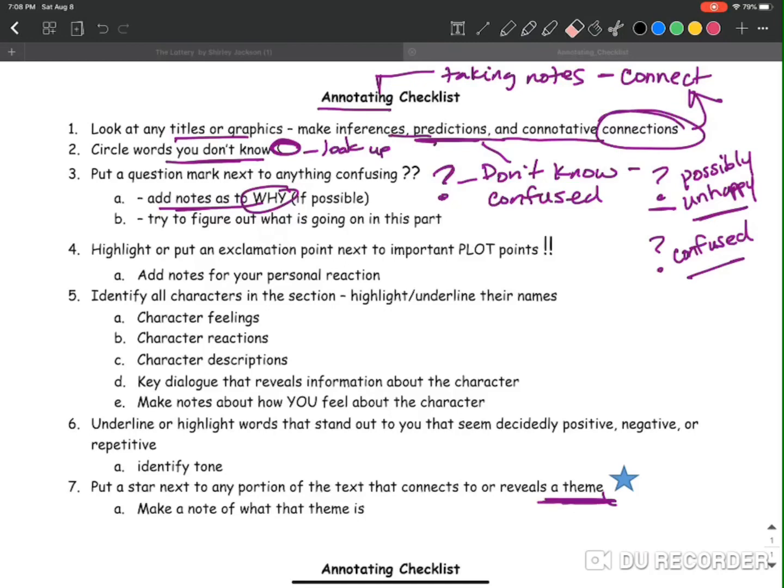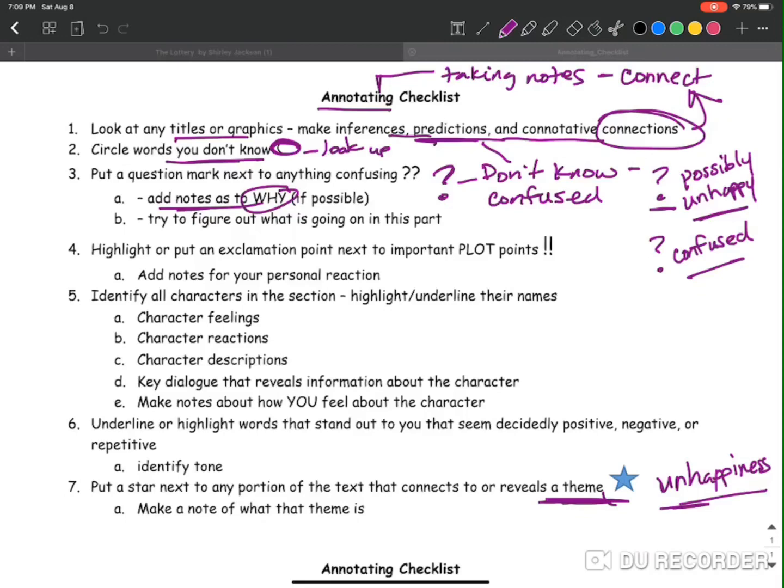Or let's say that you come across a consistent theme throughout the novel of tradition, right? I shouldn't have put that. That's cheating. Let's say of unhappiness. And you notice that as you go through, you've written unhappy in several places.